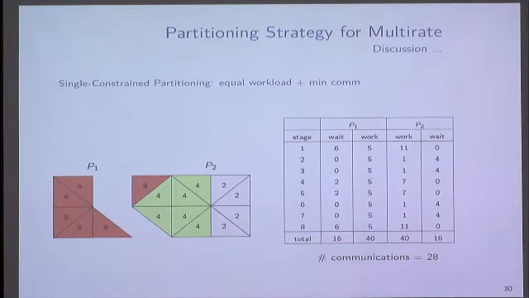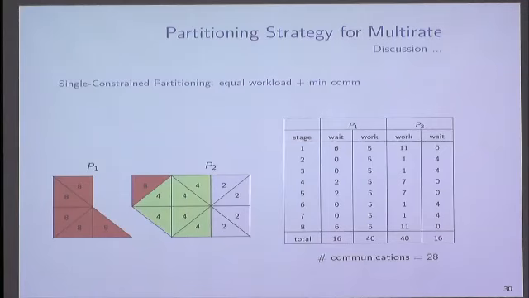Partition 2 will have only one element that will be active on each stage of the global algorithm. So you will have to wait several times on both partitions because you have to wait for the other elements. And so in total, you will also have 56 work times. And here the total amount of communications that you will have to perform is 28.